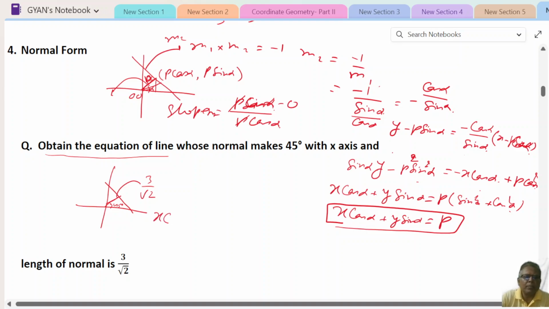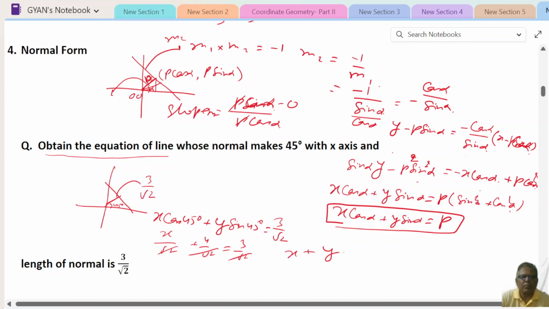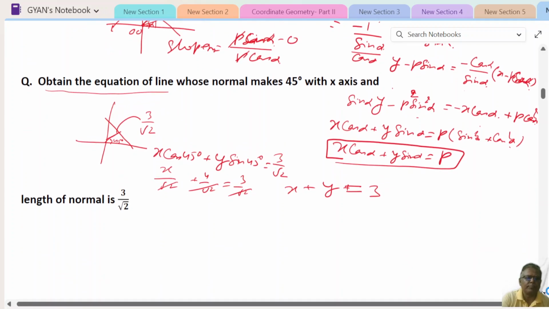So the equation will be x cos 45 degree plus y sin 45 degree equal to 3 by root 2. So x by root 2 plus y by root 2 equals 3 by root 2, root 2 cancels, x plus y equal to 3. So this way also you get the same equation.